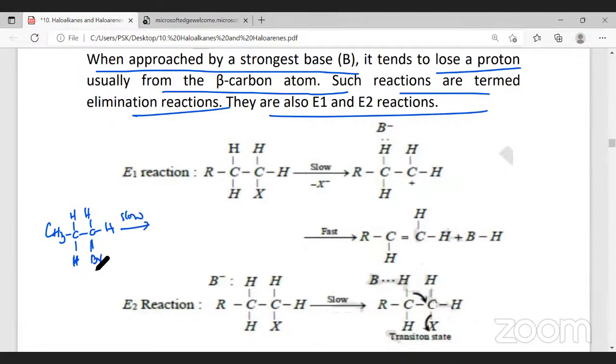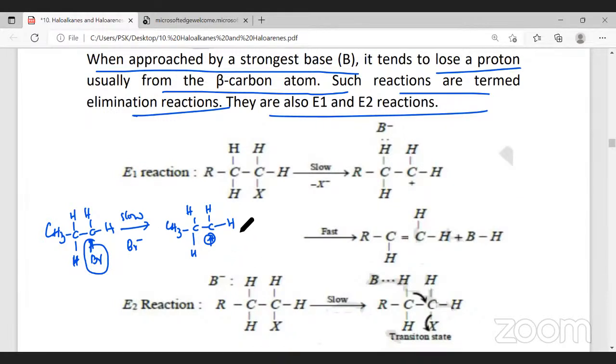The bromine gains a negative charge and gets eliminated as Br minus. When it is eliminated as Br minus, this carbon loses an electron, so the carbon gains a positive charge. You get CH3, CH, CH2 with a positive sign. This is called a carbocation, because both the electrons are gained by bromine.